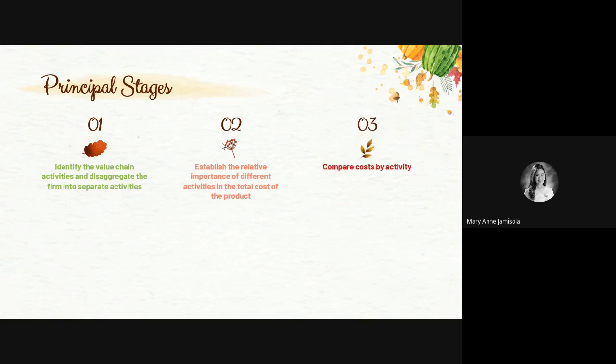Third stage is to compare costs by activity. So, to establish which activities the company performs relatively efficiently and which activities do not, a company should benchmark unit costs for each activity against those of its competitors.